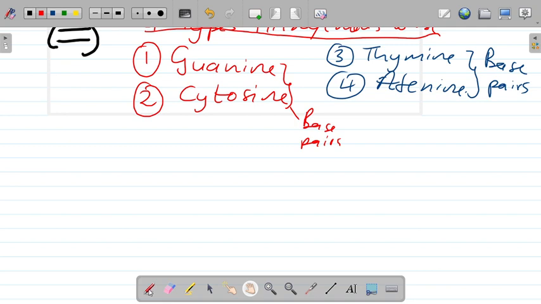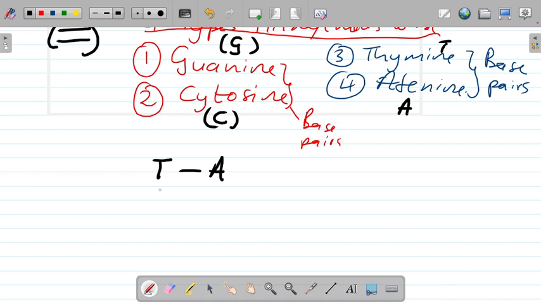So for your information, we represent them with capital letters: capital letter G, capital letter C, capital letter A, and capital letter T. So whenever you see T, it bonds with A. That is in DNA only.